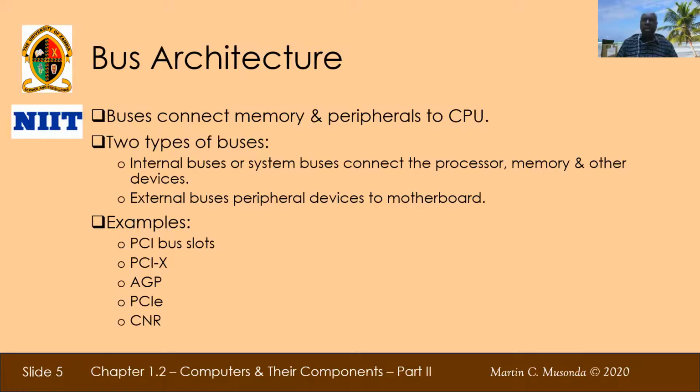Broadly speaking, there are two types of buses. There are internal buses, which I refer to as system buses, that connect the processor, the memory, and other devices. So for example, there's a memory bus which connects the memory to the processor.